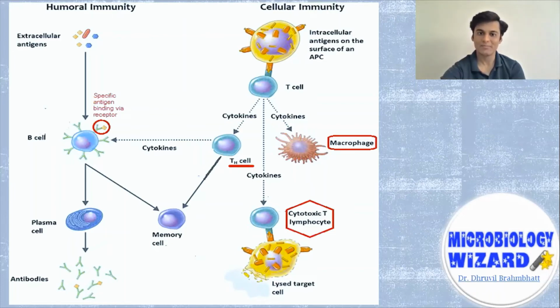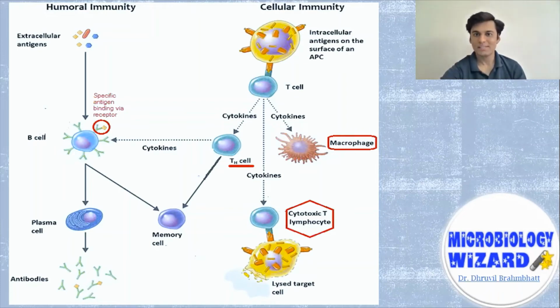These T helper cells secrete cytokines, which transform the B cells into antibody-producing plasma cells. These plasma cells produce antibodies for specific antigens or pathogens, after which the antibodies neutralize the extracellular pathogen and eliminate it. This is how humoral immunity works.